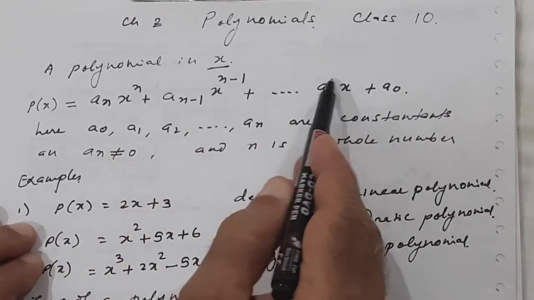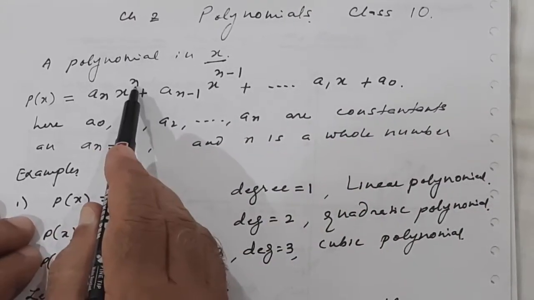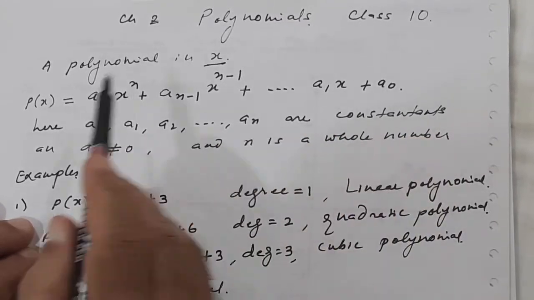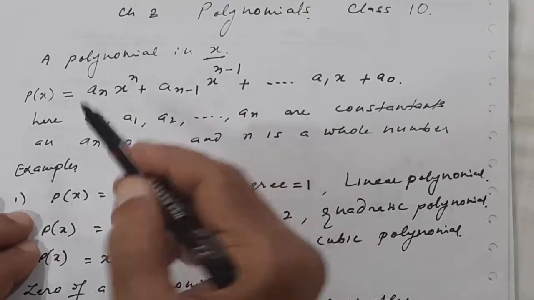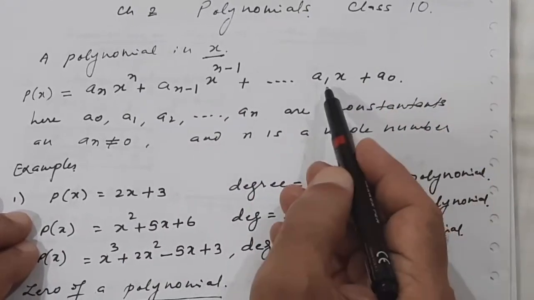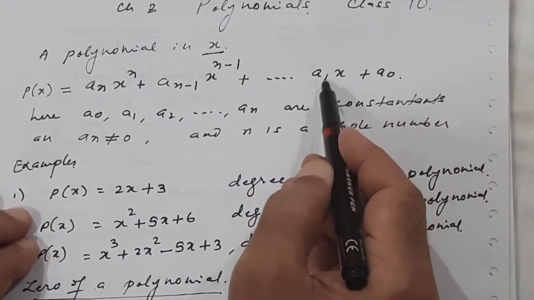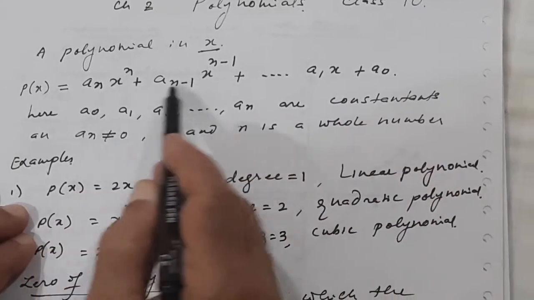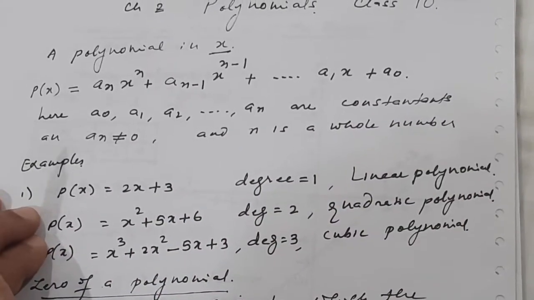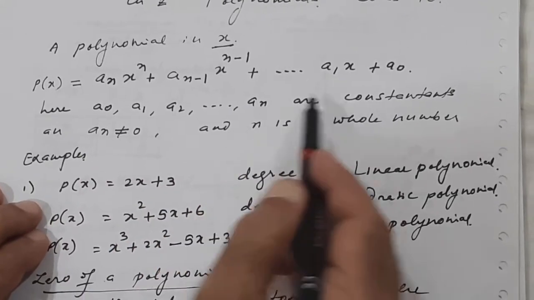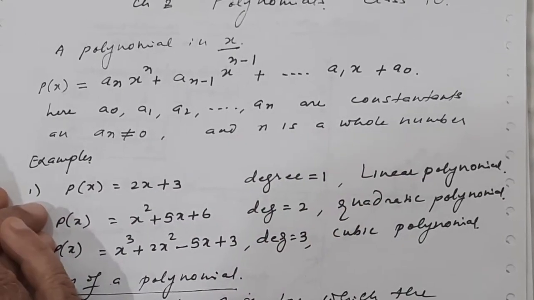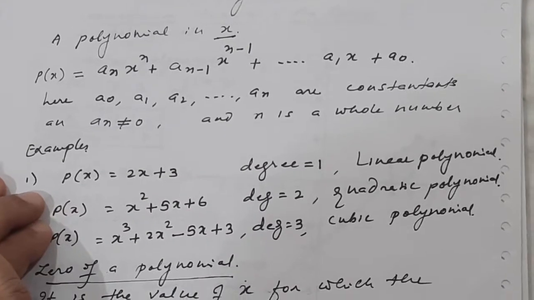We have written it in decreasing form, and a_(n-1), a_(n-2), a_(n-3), like that, finally a1 and a0. These are called coefficients, a0, a1, a2, like this up to an. These are called constants or coefficients.